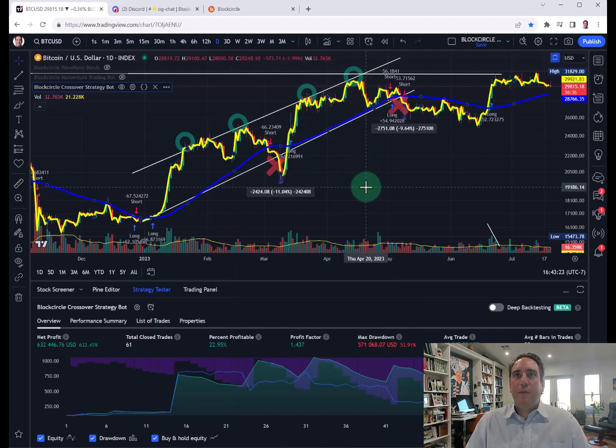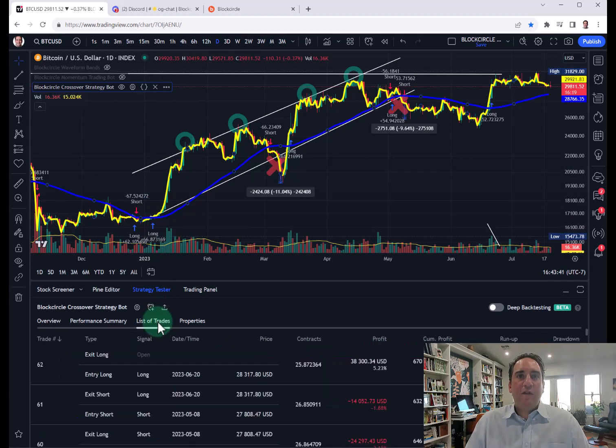And what this is allowing you to see is anytime that you have a crossover, so whenever you're seeing the yellow is crossing over above the blue, so whenever the 1 day moving average crosses over the 50-day moving average, it issues a long trade signal. And you can see all of the list of trades here.